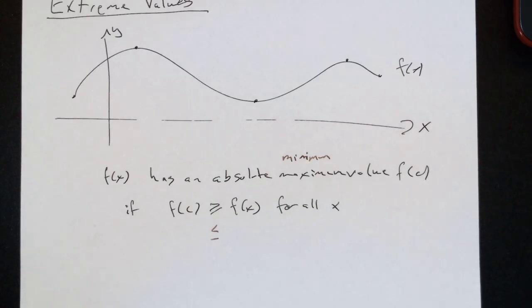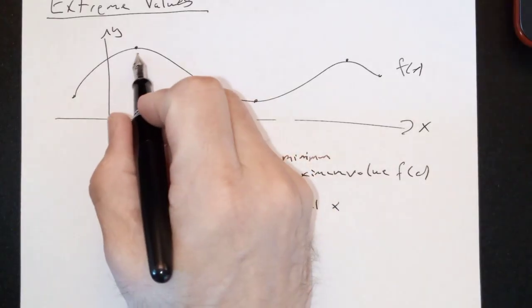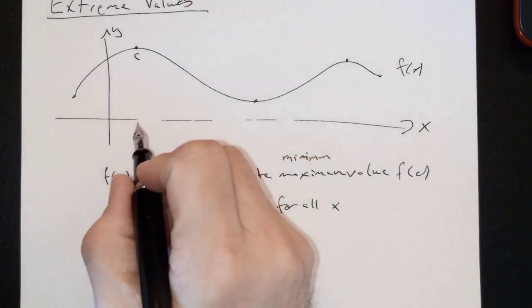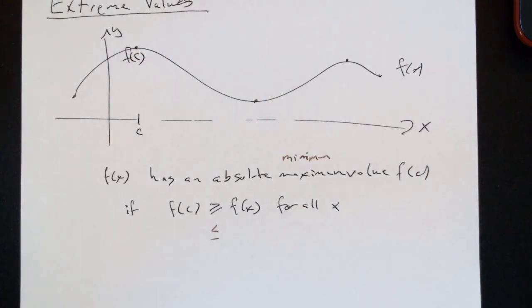And these are extreme values, the overall highest, the overall lowest on the entire graph. But I've drawn 5 dots on this picture. My absolute maximum, c, is at this x value with whatever that y value is, right?